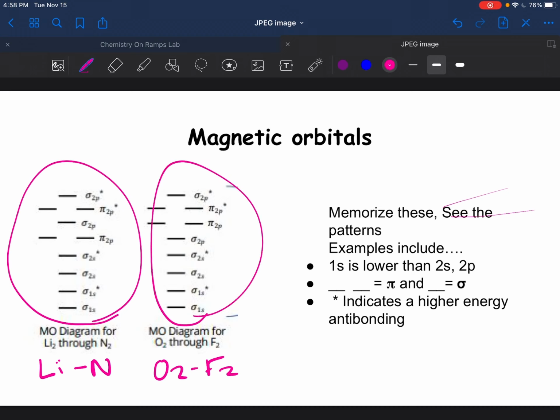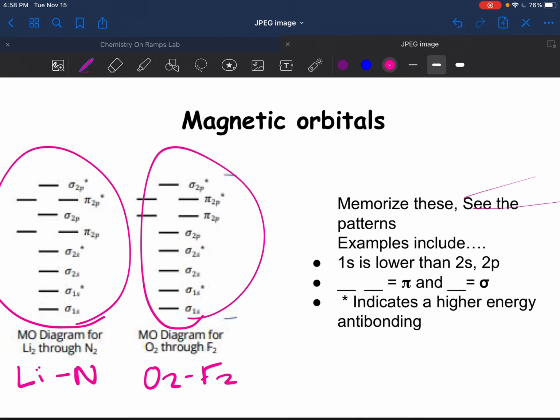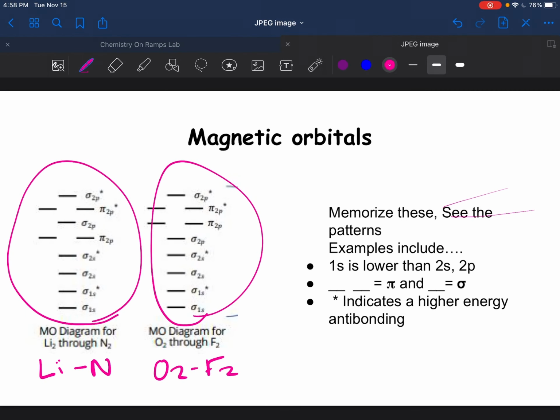So we'll have to do a bunch of memorization sheets over those. There are questions that just deal with the order that these go in, like 1s with the star. The star indicates a higher energy antibonding orbital, and so on.